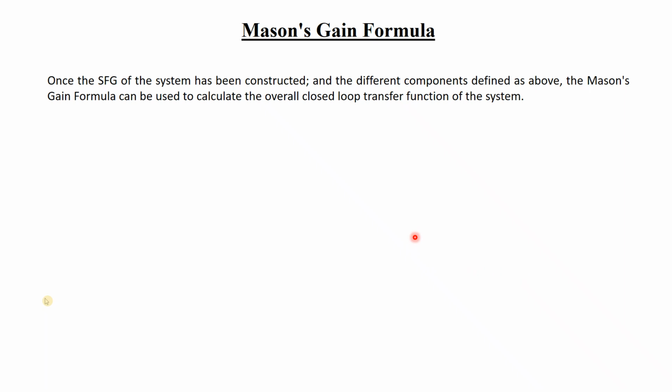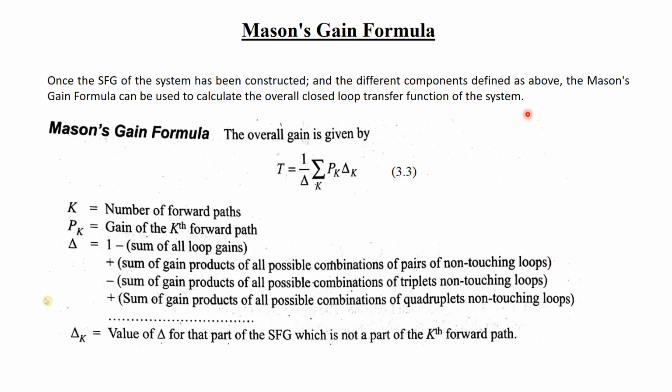Okay. So it is told there, once the SFG has been constructed and the different components have been defined as above, the Mason's gain formula can be used to calculate the overall closed loop transfer function of the system. So this is the formula. T is the overall transfer function. Overall gain means overall transfer function.